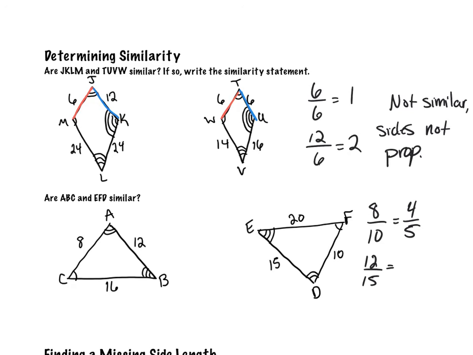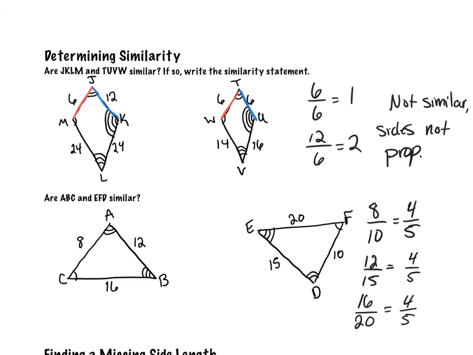DE is 15. So 3 goes into both, so I get 4/5. I'm looking good. These things look like they could be similar. So look at the last two: 16 over 20. Divide by 4, I get 4/5.